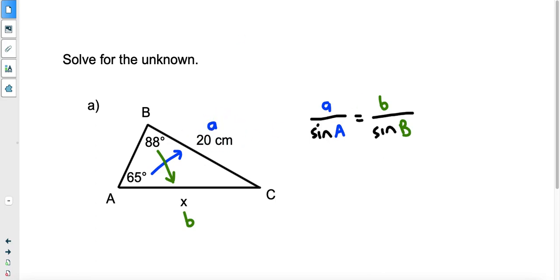Lowercase a we know is 20 centimeters, so that's what I'm going to plug in for a. Angle A is 65 degrees. Side b is x, that's what we're trying to figure out. And angle B we know is 88 degrees.